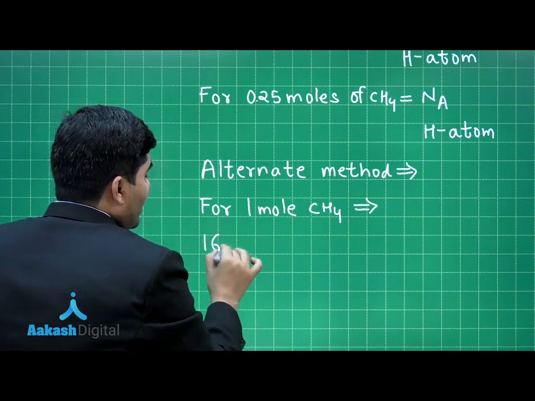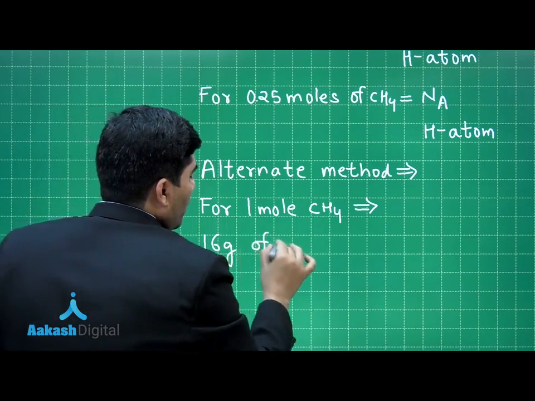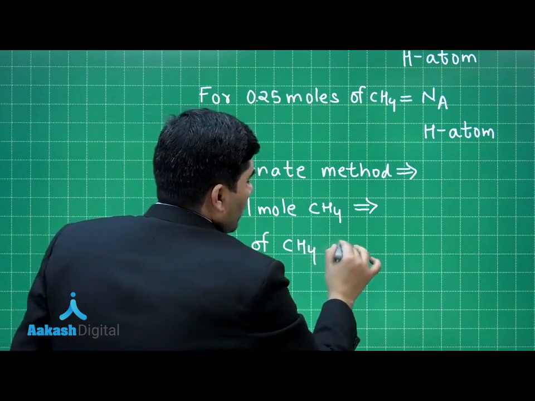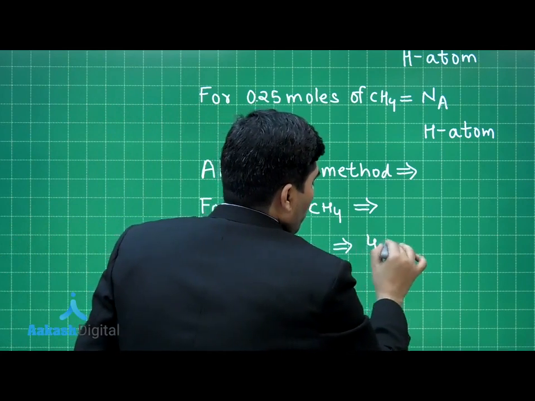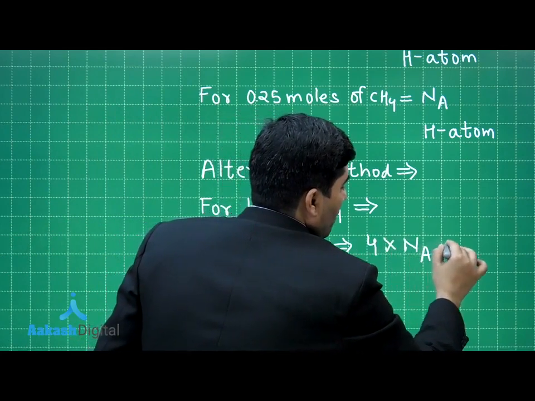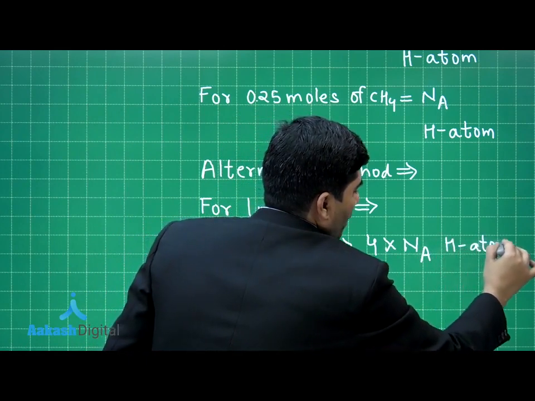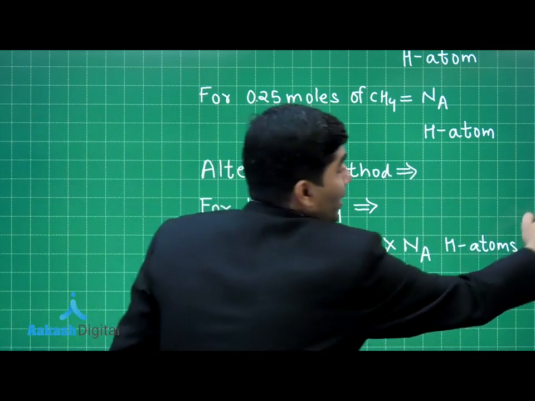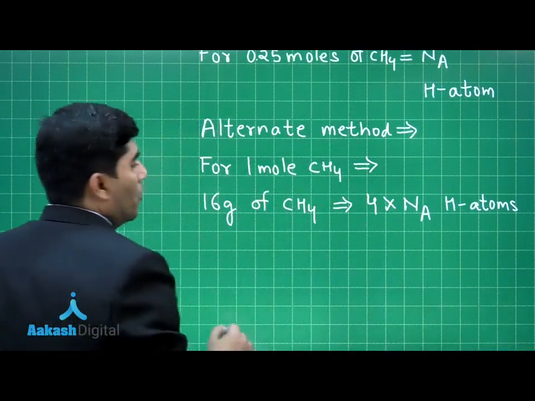So 16 gram of methane will have 4 into Na hydrogen atoms, right. Now the weight given to us is 4 gram.